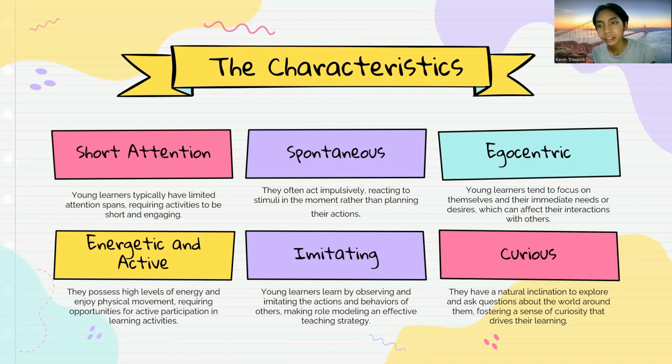And the next characteristic is spontaneous. Why? Because they often act impulsively, reacting to the stimuli in the moment rather than planning their actions. As you know, because they are at a young age, they would rather do things without thinking first.